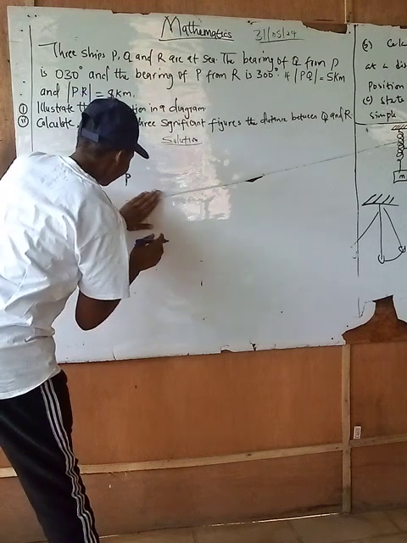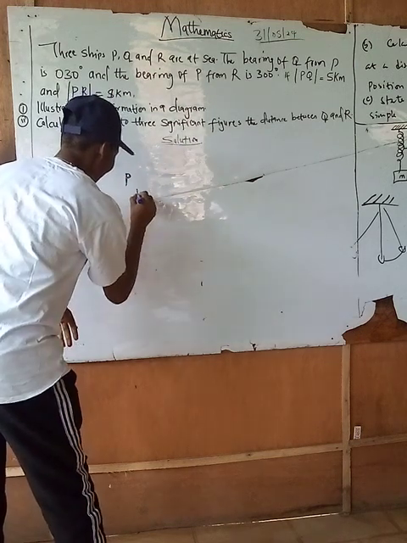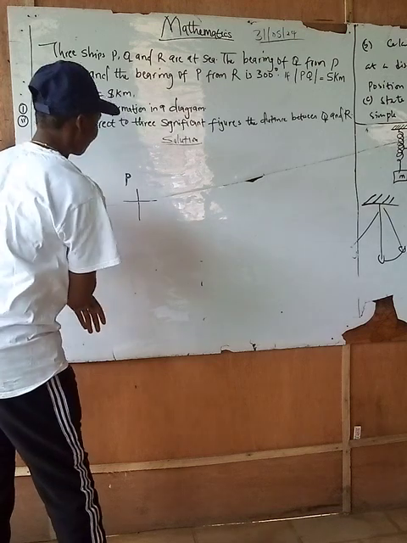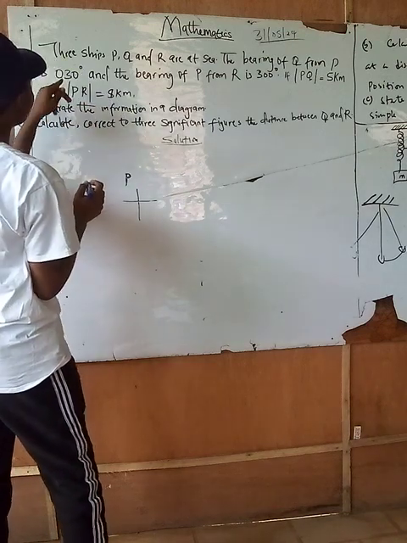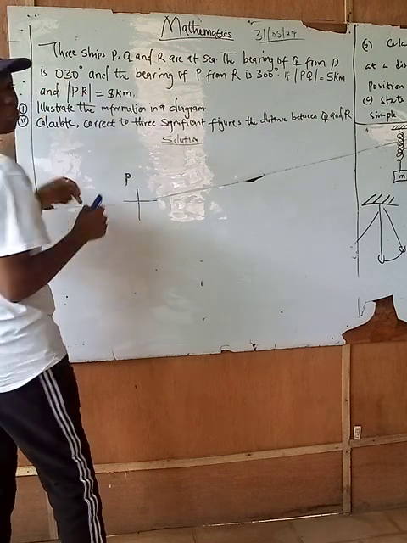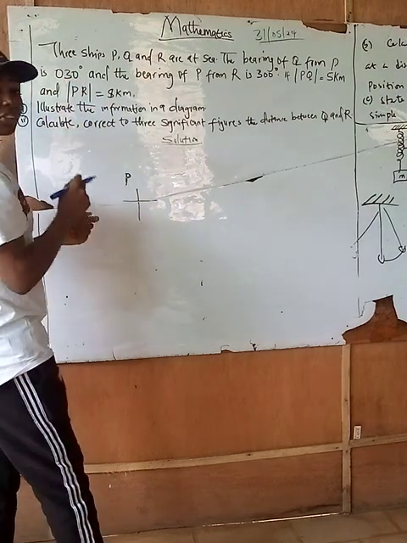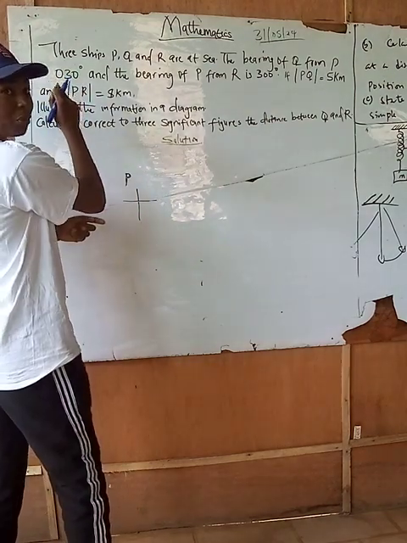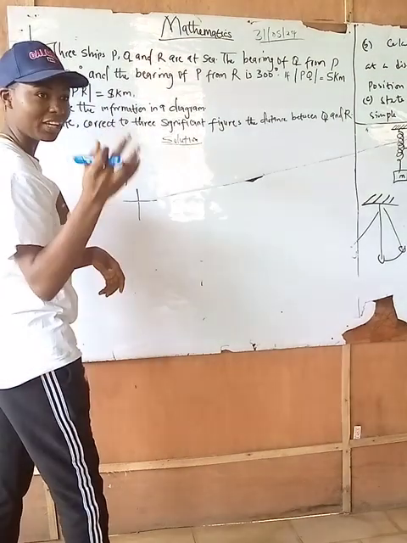Okay, let's say this is our cardinal point. Now, they said the bearing is 030 degrees. We all know this is 30 degrees, but include the 0 so that the examiner doesn't penalize you. You understand?